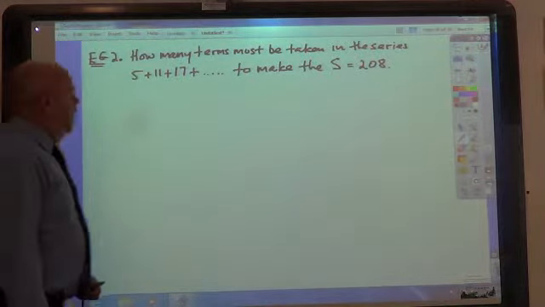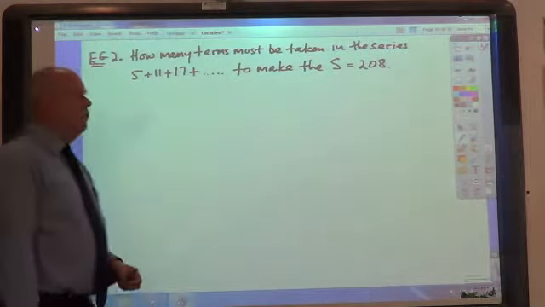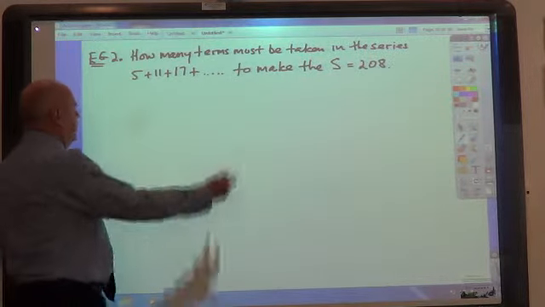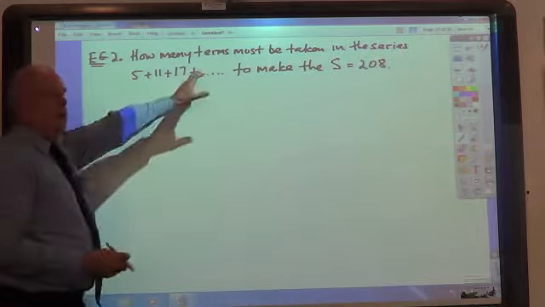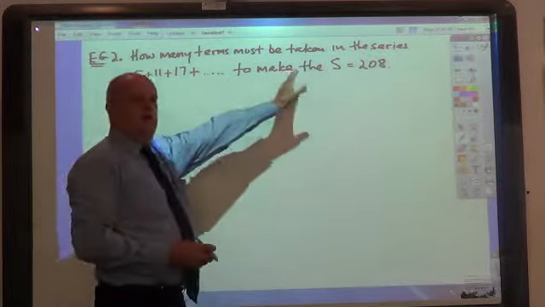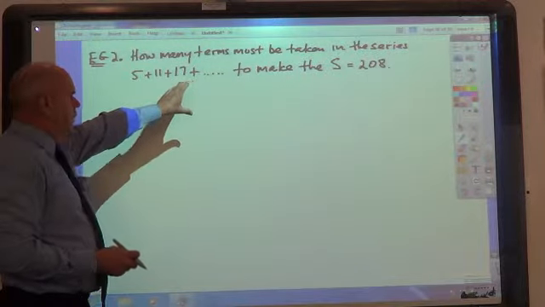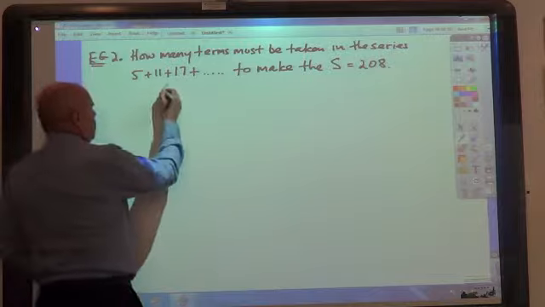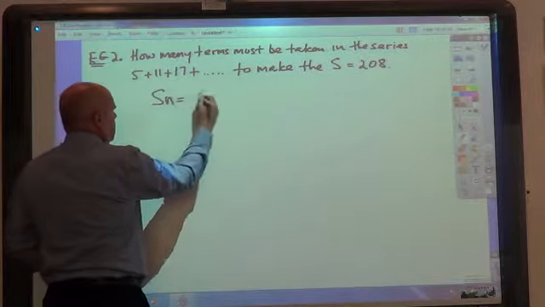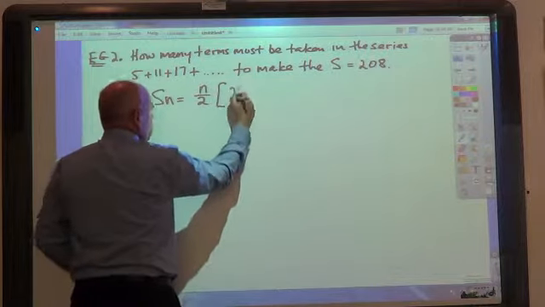I think I'd like to start with a formula just to settle the nerves a bit. Because I don't know the last term, and I can't think of a surefire method to find the last term right at the moment, I'm going to revert to the more complex of the two formulae, and it's this one.